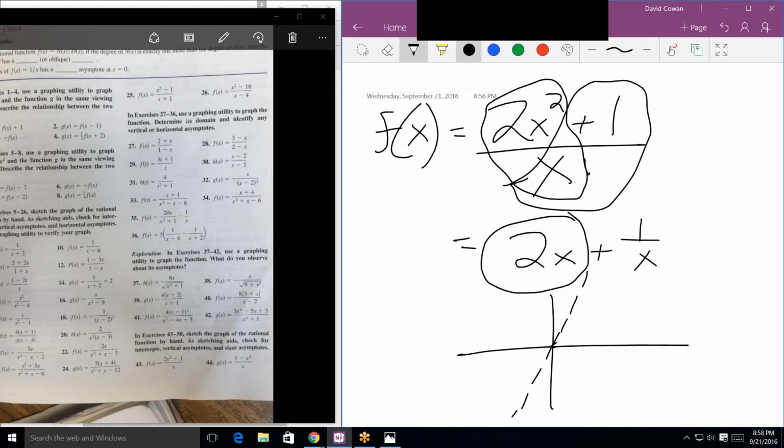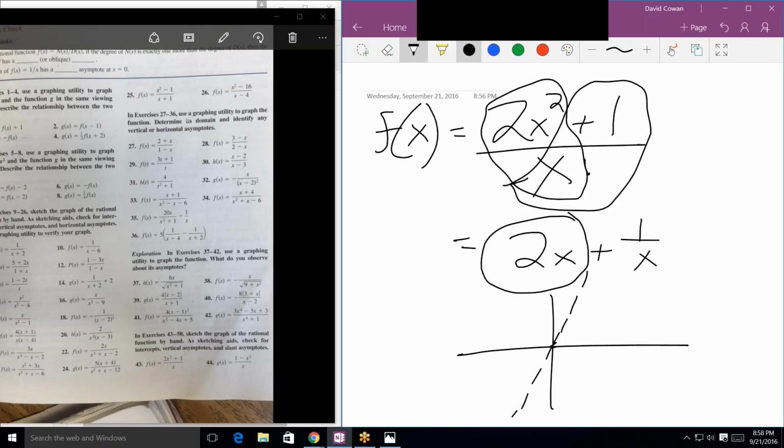All right. Now the question is, do we have any other asymptotes? Is there anything x cannot be? Look at the original function. It can't be 0.